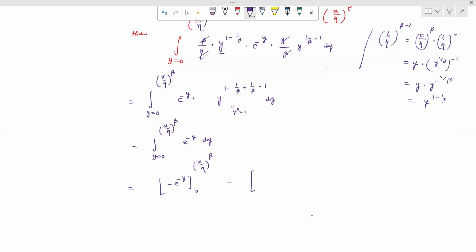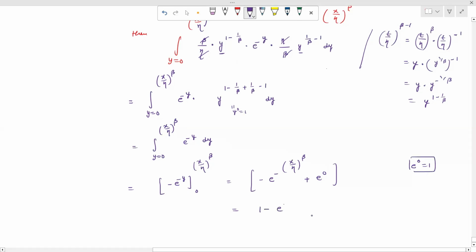When we apply the upper limit, this gives us minus e raised to the power minus (x upon eta) raised to the power beta, plus the lower limit e raised to the power 0. What is the value of e raised to the power 0? It is 1. So this can be written as 1 minus e raised to the power minus (x upon eta) raised to the power beta.